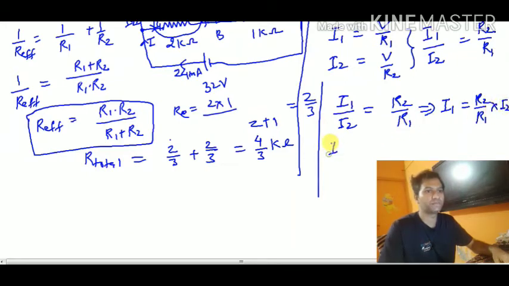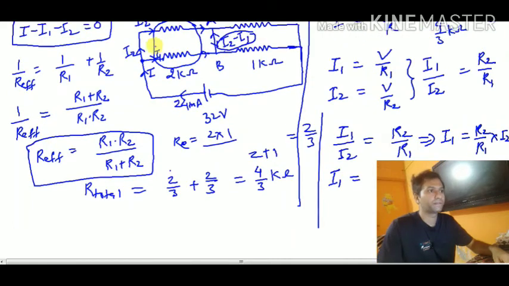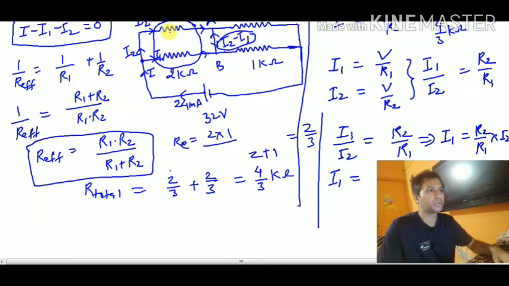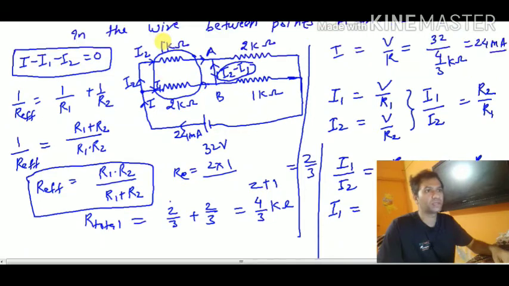Now substitute the values. So I1 is equal to R2, which is 2, then this is R1.